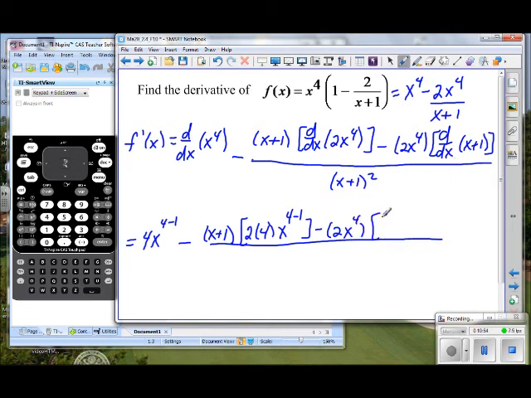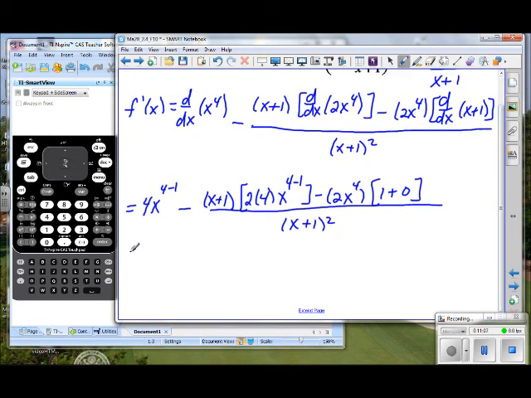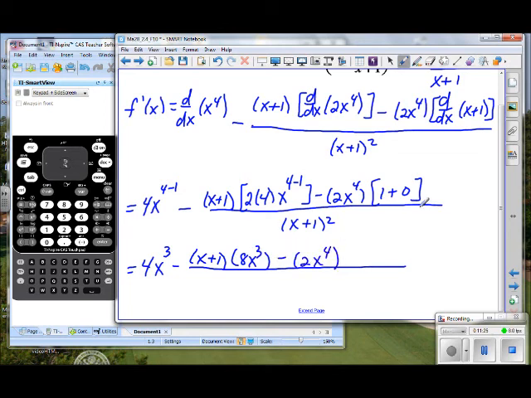So the derivative of x is 1 plus the derivative of 1 is 0. All of that divided by x plus 1 quantity squared. Continuing on, we have 4x cubed minus, and then we have our fraction again, so we have x plus 1 times the quantity 8x cubed minus 2x to the 4th times 1, all of this divided by x plus 1 quantity squared.